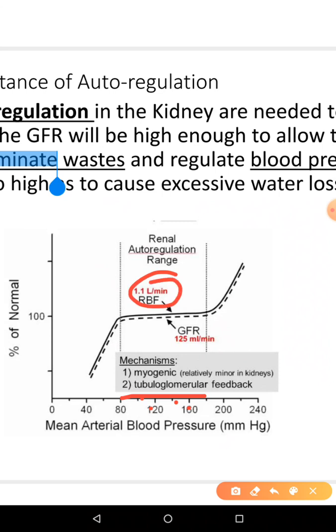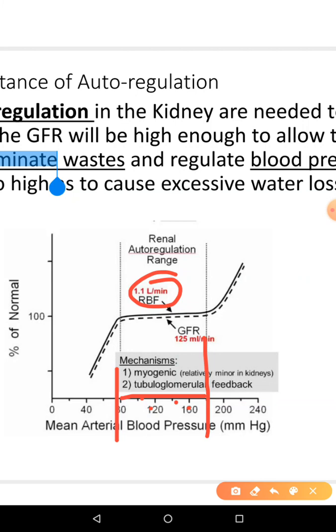Because we know under normal circumstances, whenever there's change in pressure, there should be change in blood flow. But in the kidneys, as long as the pressure changes are between 80 to about 170, blood flow remains constant. This is a unique thing about autoregulation. So what ensures that the blood flow remains constant?